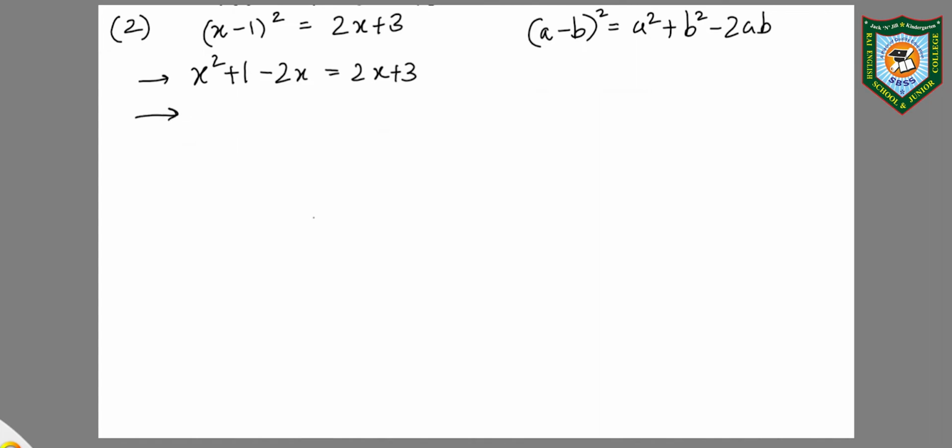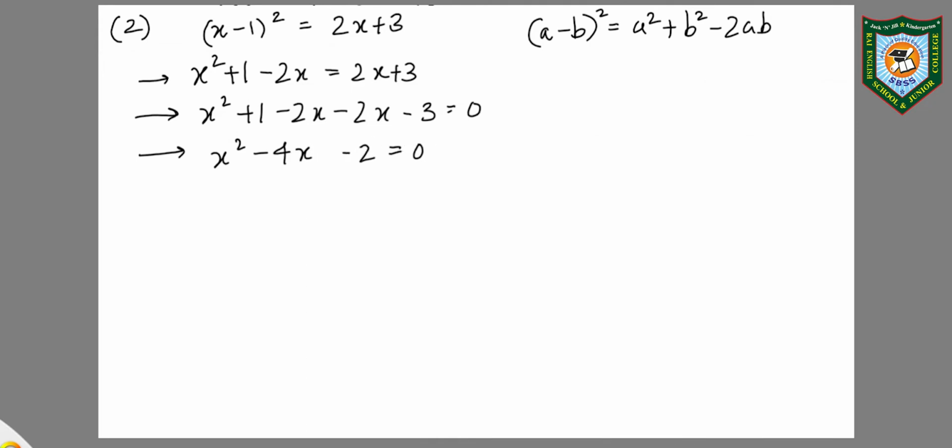Now bringing all terms to the left hand side, I have x square plus 1 minus 2x plus 2x from the right hand side comes to the left hand side. This becomes minus 2x again, and plus 3 comes to the left hand side. This becomes minus 3, which is equals to 0. So I have an equation x square minus 4x minus 2 is equals to 0.